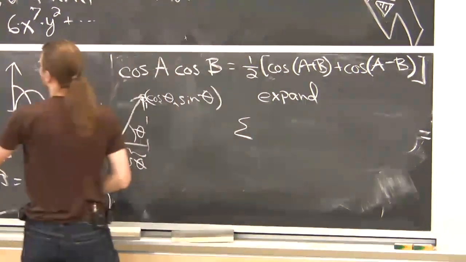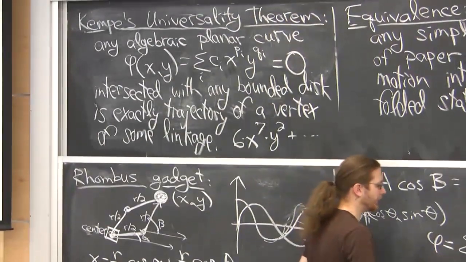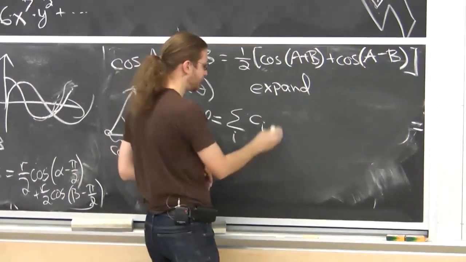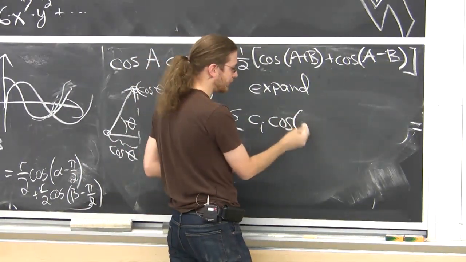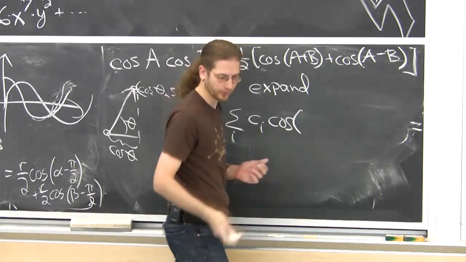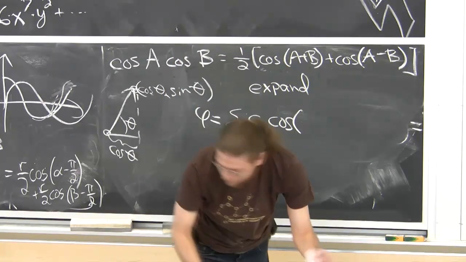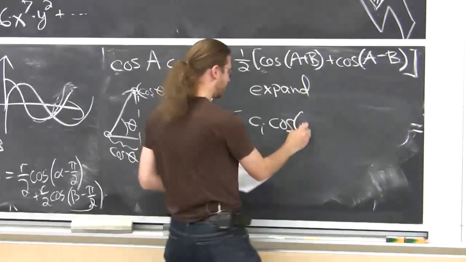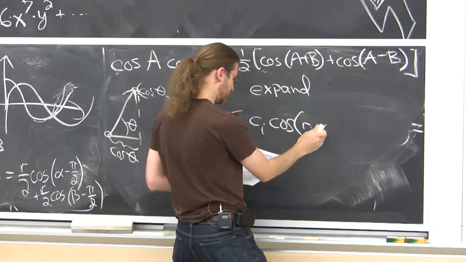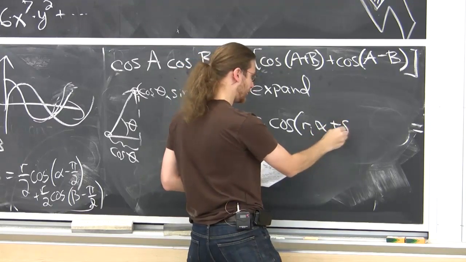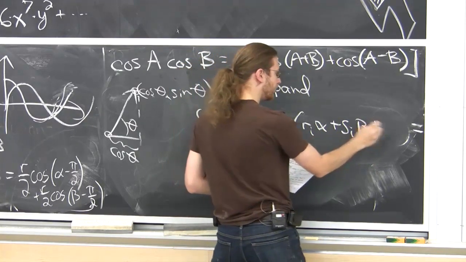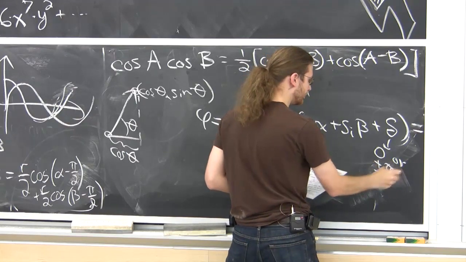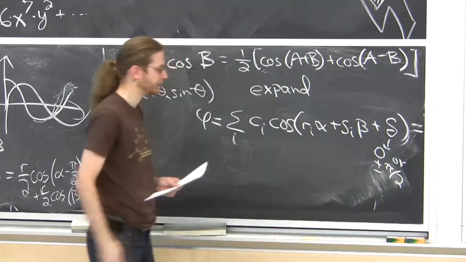We will get that our function phi here is a sum of a bunch of terms that look like some constant which we can compute ahead of time, nothing's changing, times cosine of some integer, R sub I, times alpha plus S sub I times beta plus some magic number delta, and delta is 0 or plus or minus pi over 2. So that's not a big deal. That's just saying whether we're using sine or cosine.